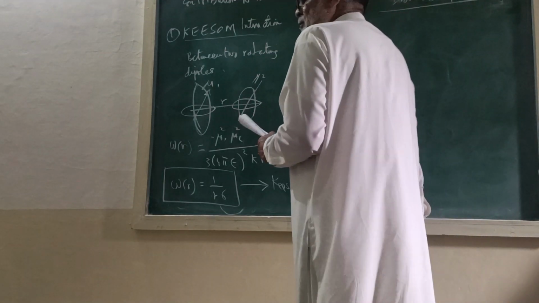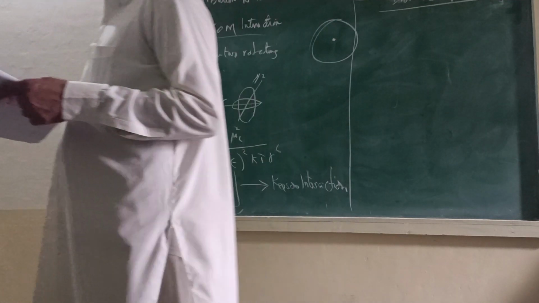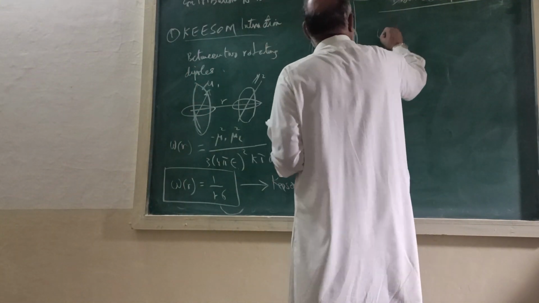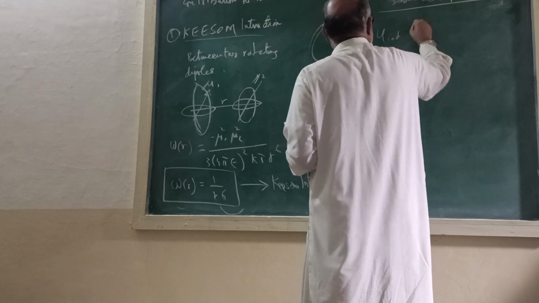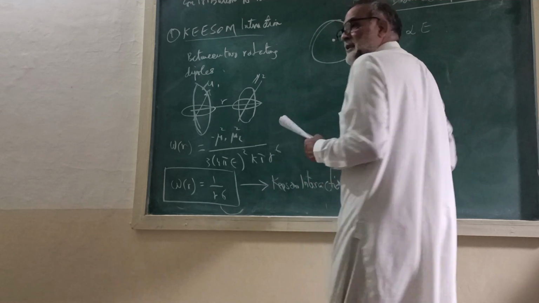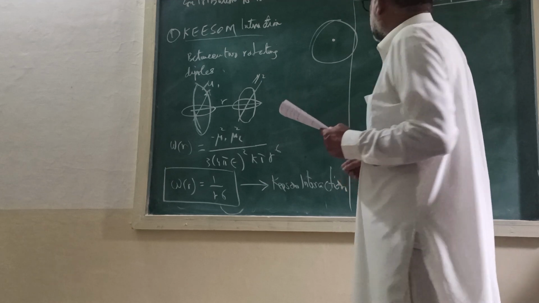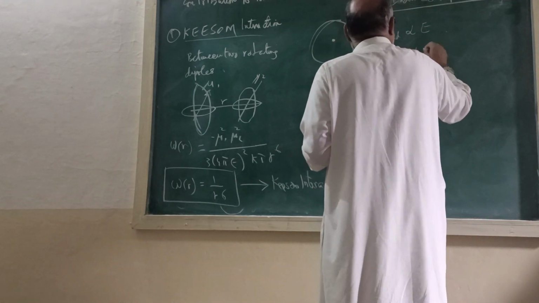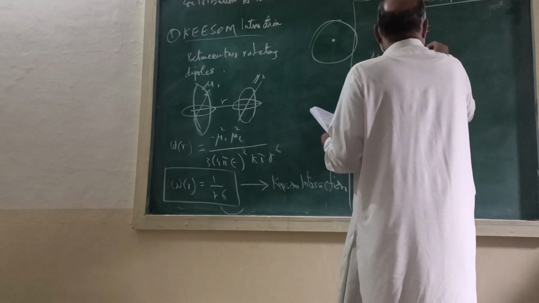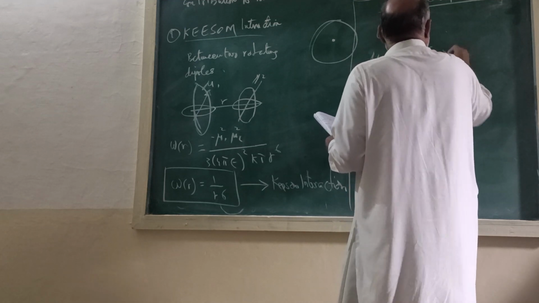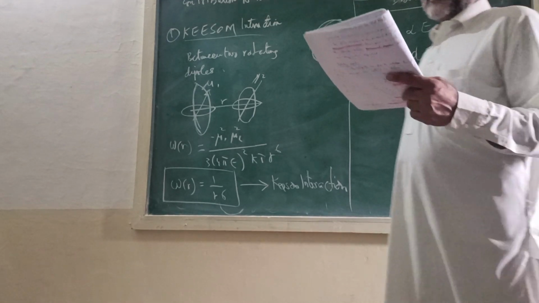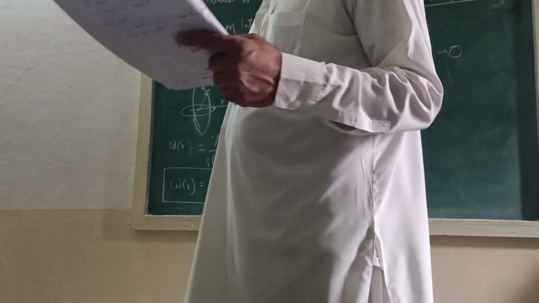That dipole moment is directly proportional to the electric field. Mu induced is proportional to E, the electric field. Or we can say mu induced is equal to alpha times E. This alpha is called molecular polarizability.